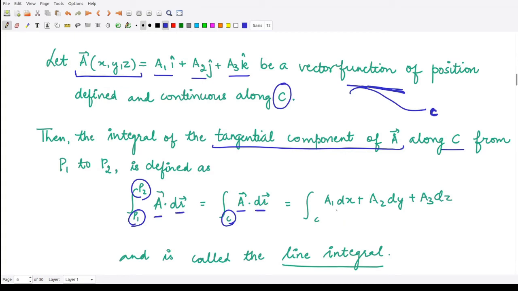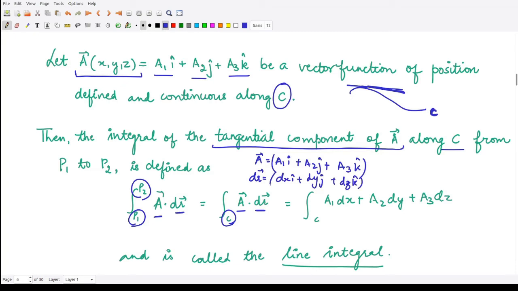So after taking the dot product, your vector a was given as a1 i cap plus a2 j cap plus a3 k cap, and your vector dr is equal to dx i cap plus dy j cap plus dz k cap.